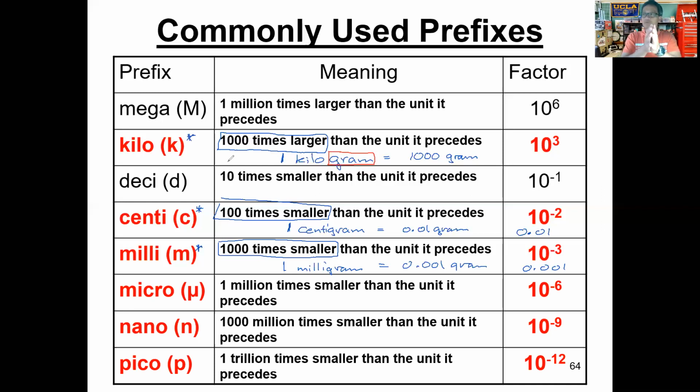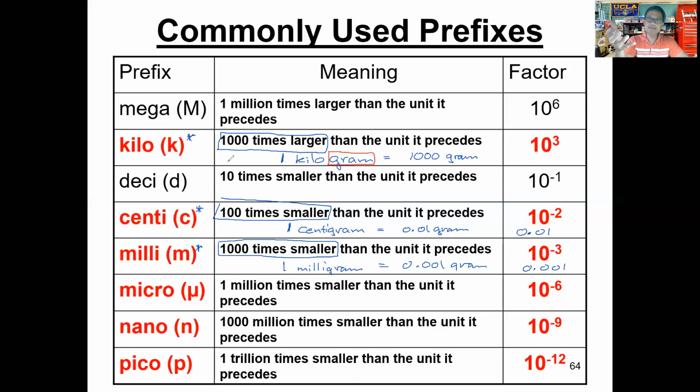Now, the same thing holds true for the prefix centi and milli. If we're talking about very small objects, the unit gram becomes a very big unit. And so if we're going to describe, let's say, the mass of 3 grains of table salt, using the gram makes for a number that is very, very small.